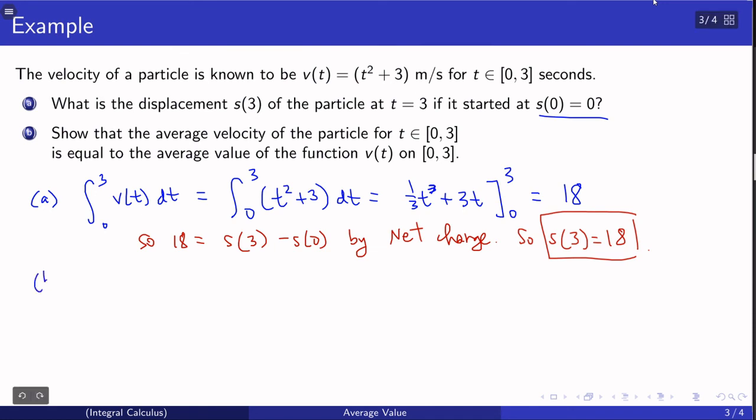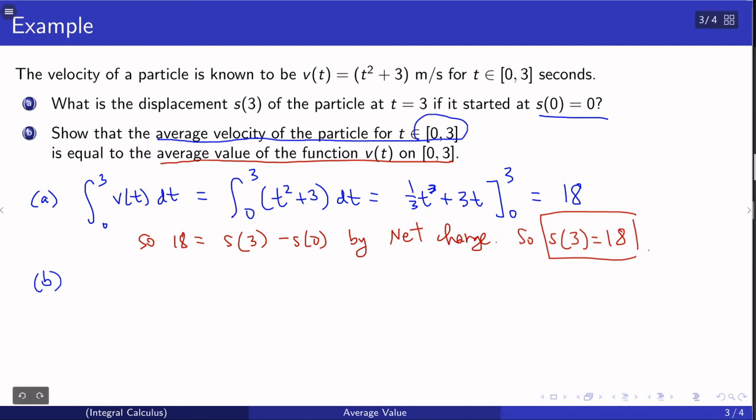Part B is a bit interesting here, because it talks about two averages, right? First, the average velocity of the particle on that closed interval. Second, the average value of the velocity function, so that they're equal.